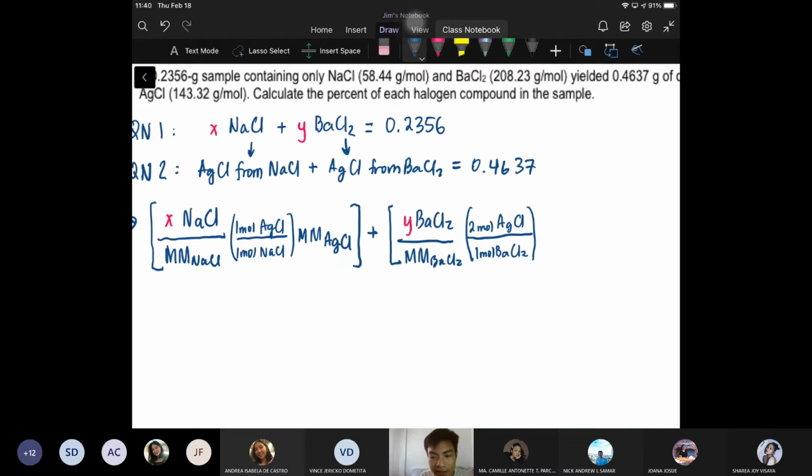Why? Because barium chloride gives two Cl, and those two Cl become AgCl. So if you have a mole of barium chloride, that will give you 2 moles of AgCl. At this part of the equation, we now have the moles of AgCl.